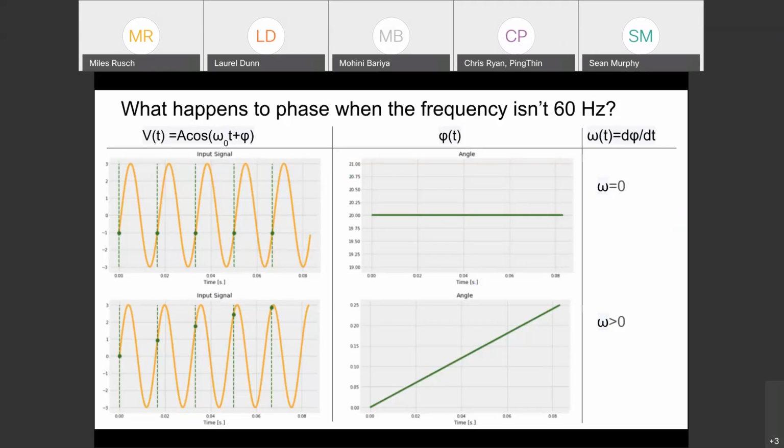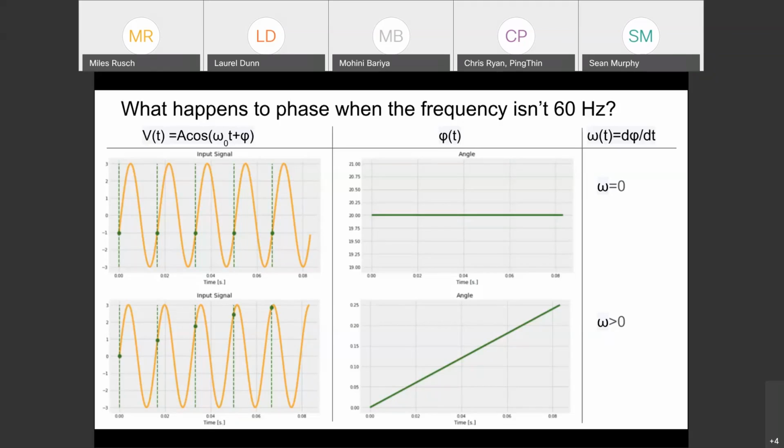On the top row, our signal is also an ideal sine wave of 60 hertz. However, it is phase shifted from our reference sinusoid. When we calculate phi of t in this situation, we're going to get that it is non-zero but constant.